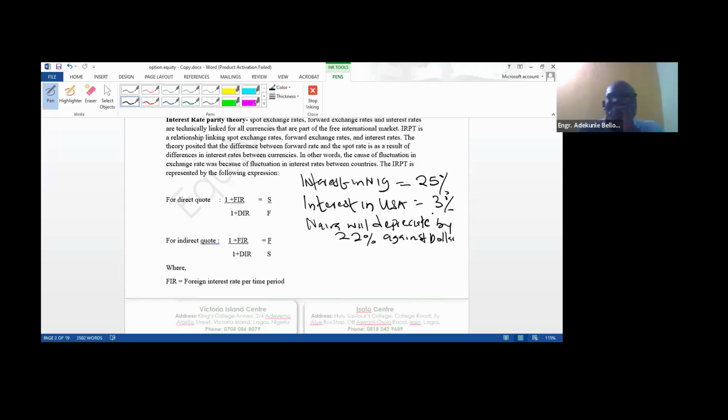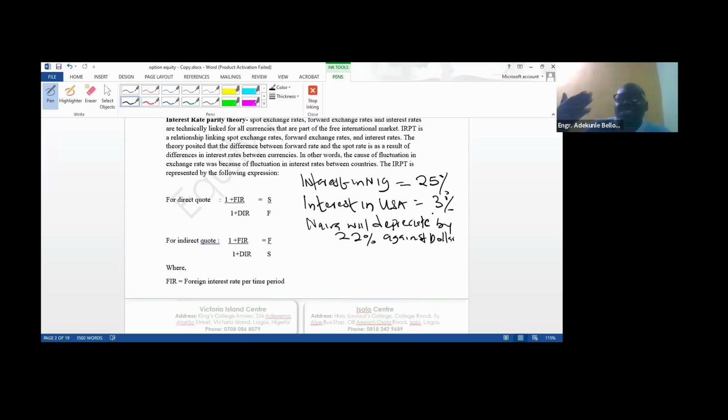Given this explanation, this theory says that if interest rates are known between two currencies, we know the interest rate in Nigeria, we know the interest rate in US, and we are given the spot exchange rate, then we can forecast forward exchange rates using the interest rate parity theory.